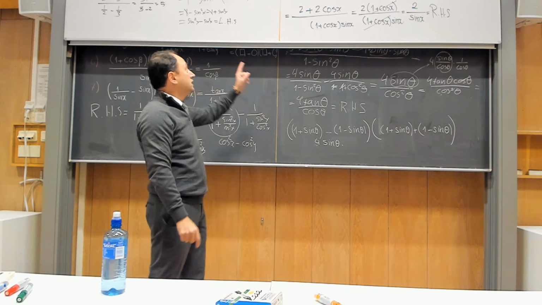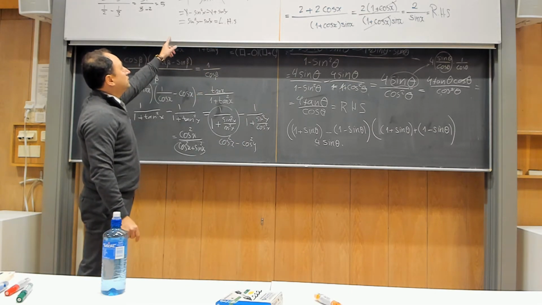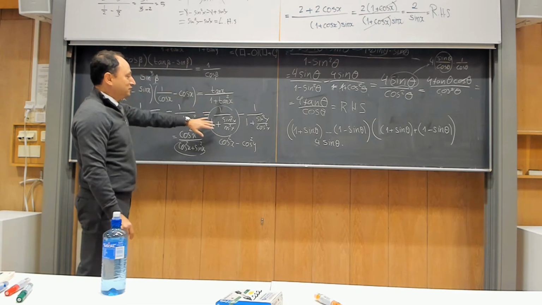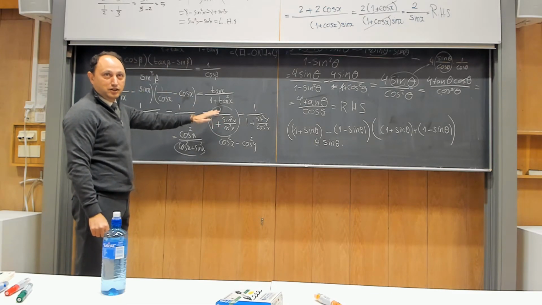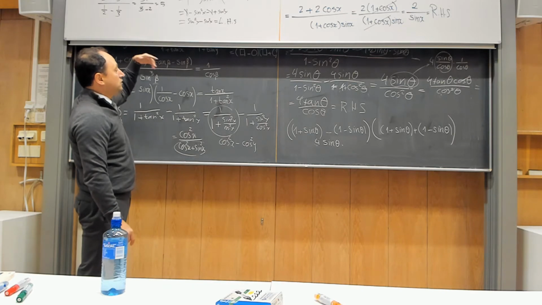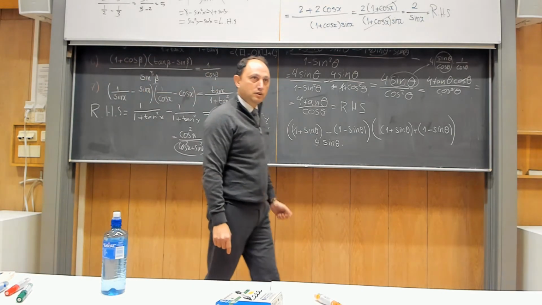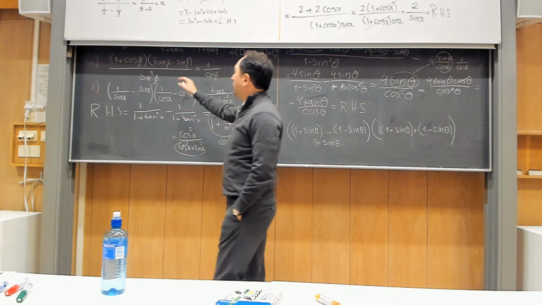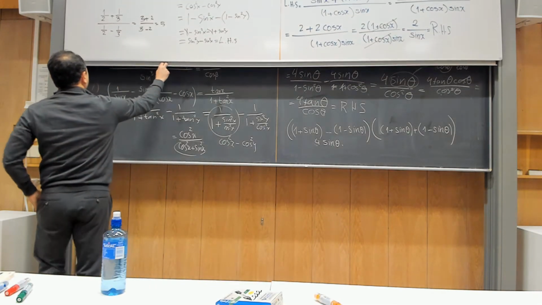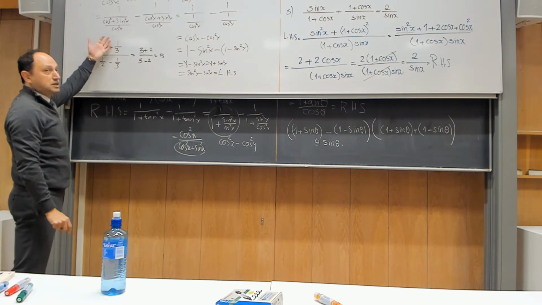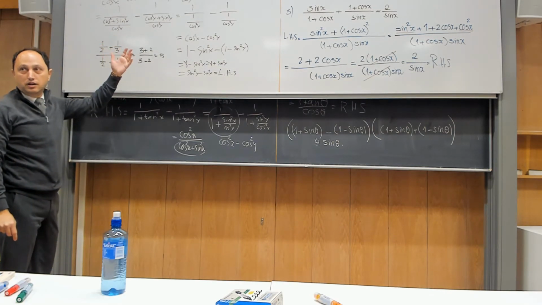But now, of course, the good point about this is that your understanding might be higher. I don't know if they understand why this is correct or not. But when you write it in this way, you really understand why it's correct. But if you want to do it faster, you can just do it like that. This is also reasonable, because if I have a fraction, I can always rescale my fraction by any number that I like.